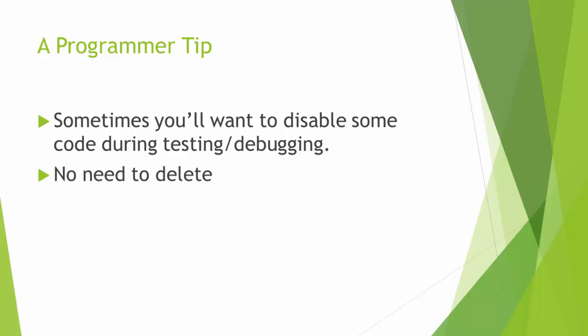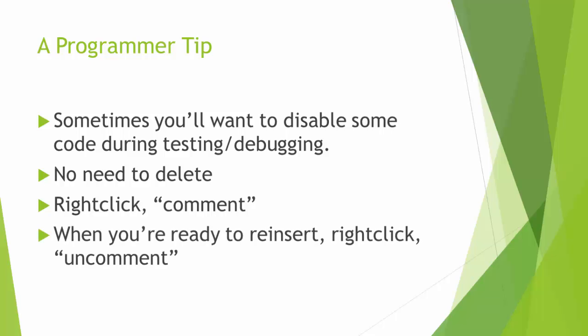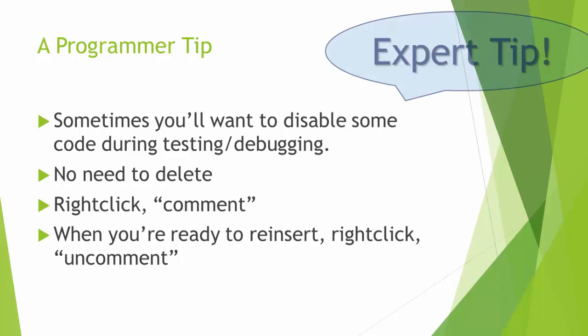There is a special tool inside the Arduino IDE to allow you to highlight text, right-click, and tell the IDE that you want these lines to become comments. And it'll introduce the slashes necessary for this. When you're done the debugging step, you can highlight this code again and simply right-click and choose uncomment, and it'll strip away those lines. This is a very powerful tool for debugging your code.